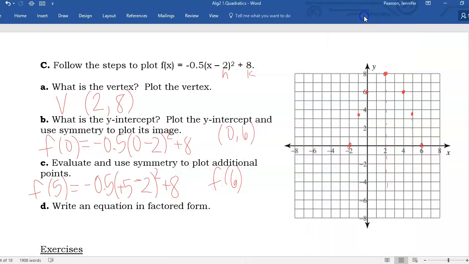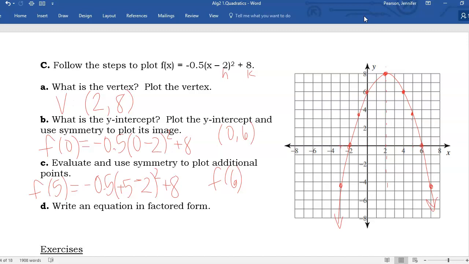And I got a -4.5. So one more over, -4.5. So I got a lot of points now. I can rough out my U shape. That might be the best parabola I've ever drawn on the board.